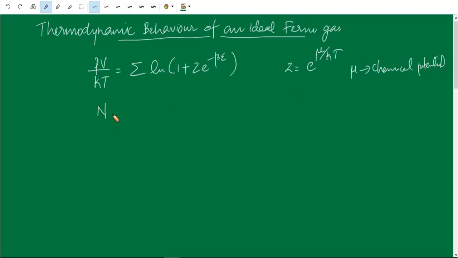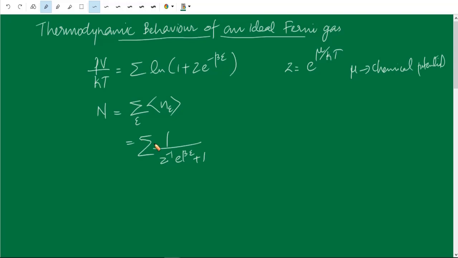The average number of particles is the sum of the average number of particles in each single particle state, which can be written as the summation of 1 divided by (z^(-1) e^(βε) + 1).